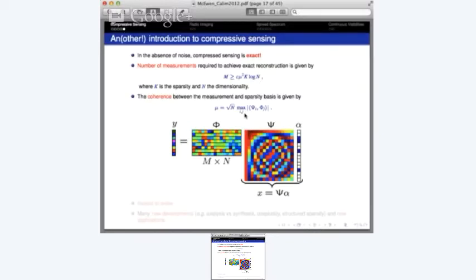If the coherence is large, it means that when we take one of these basis vectors and pass it through this operator, for one particular sensing vector we'll get a very large value, but for the others it will be small. So with large coherence, we can represent this basis efficiently in a small number of these atoms. The alternative is, if coherence is small, the inner product is small for any particular one, which means the energy of the atom is spread over all of these.